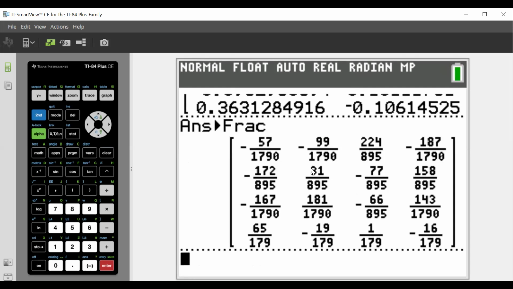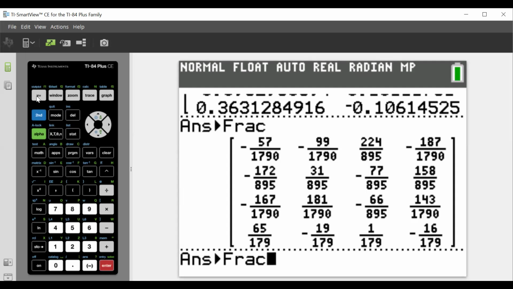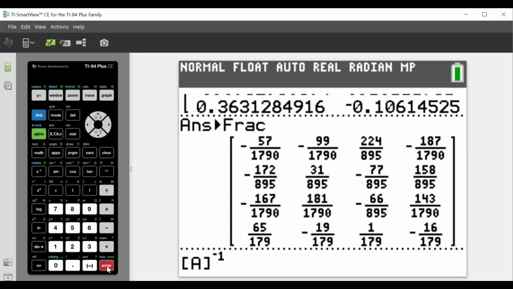And so this is one reason why they tell us to use the graphing calculator or a computer to solve this one, because they are such nasty numbers here. All right. And so if we now wanted to find what x1, x2, x3, x4 was, we're going to take our A inverse, let's come back here to A inverse, times B. And so B is 2.